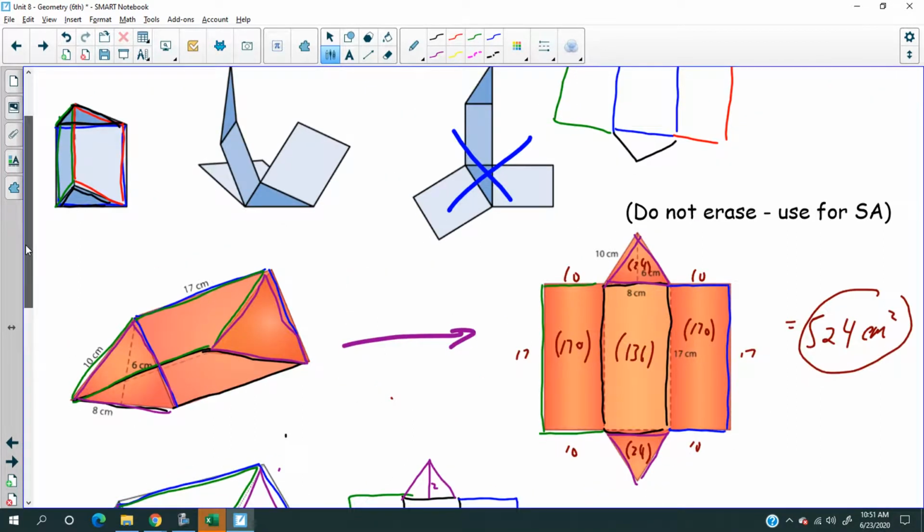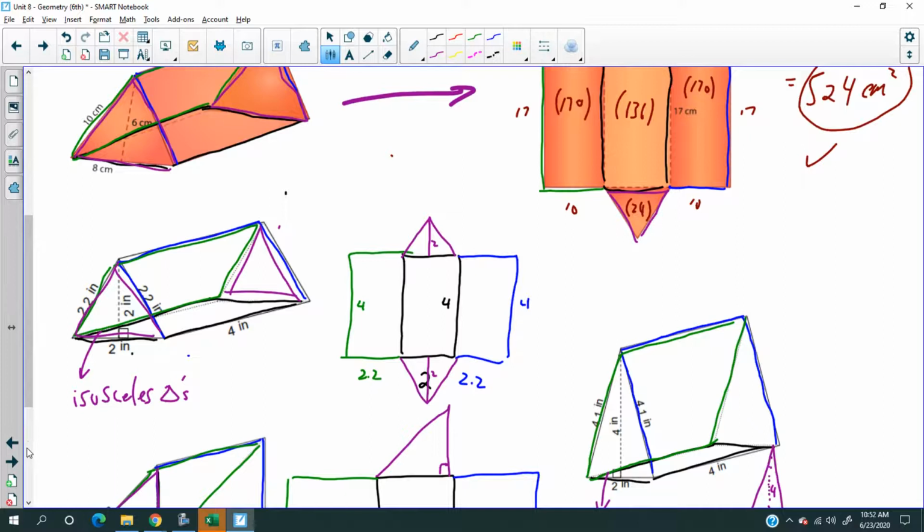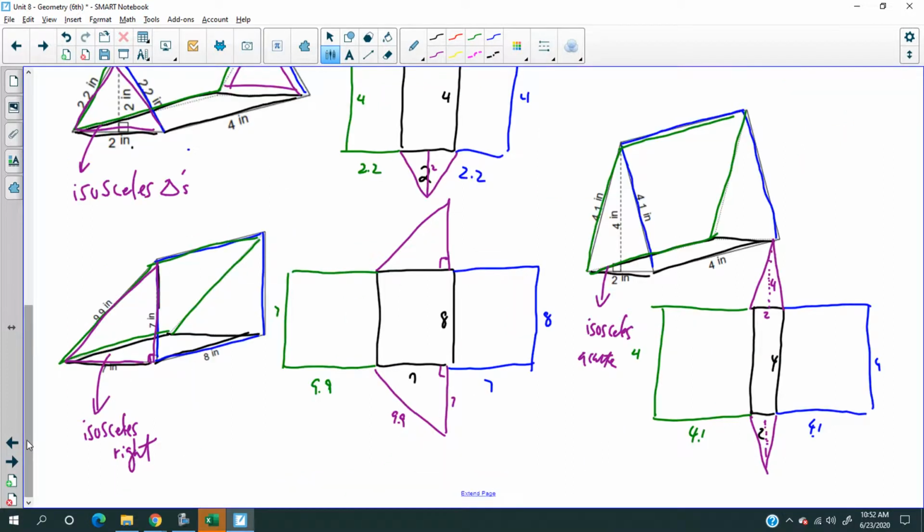All this easy work was made possible by the fact that we know how to turn this triangular prism into a net. And because of our prior knowledge about the area of polygons, we were able to arrive at this answer so easily. Okay, so what am I trying to say? Give yourself more credit, all right?